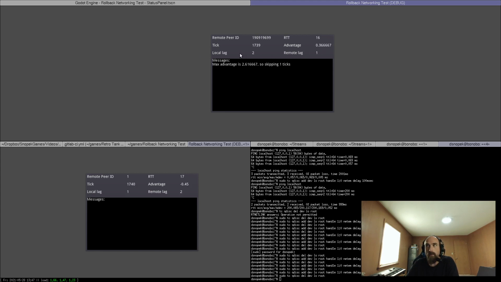So local lag is how many frames we are simulating locally, that we're predicting locally for the remote client. So that's how many frames we are ahead of what we've received from them, and remote lag is the reverse. We're calculating how many frames they have predicted for us on their side.